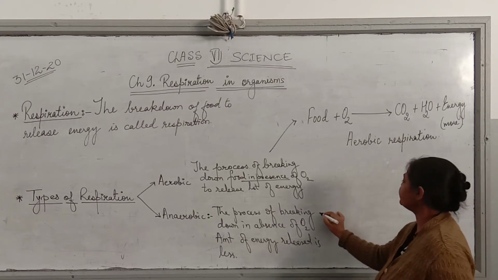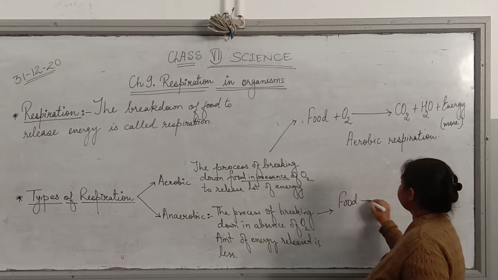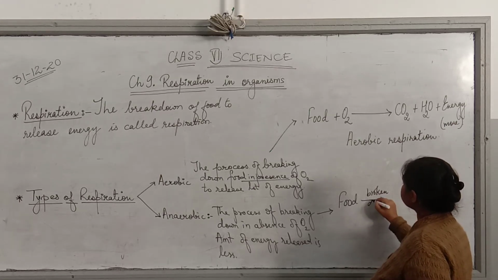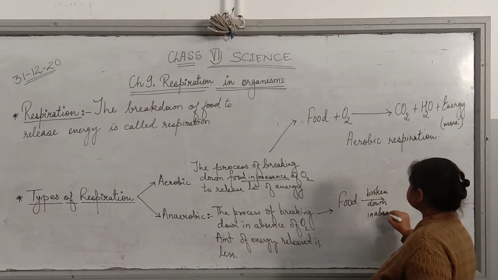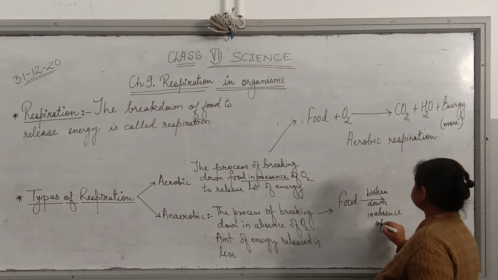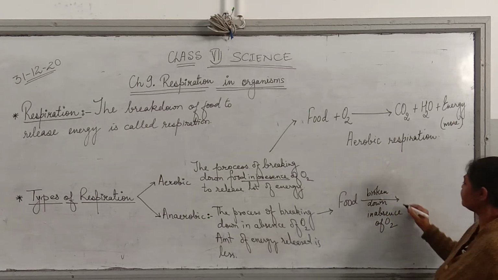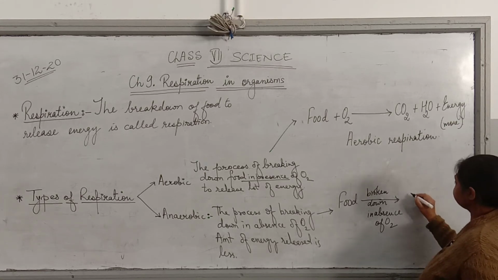For anaerobic respiration, this equation will become: food broken down in absence of oxygen. Now in this case, along with carbon dioxide, ethyl alcohol is produced.